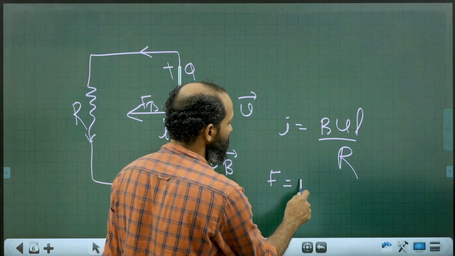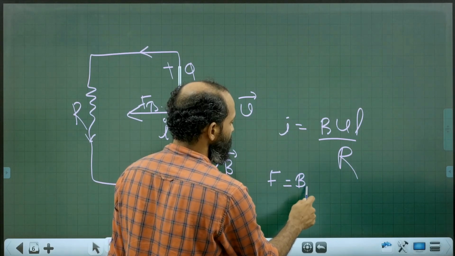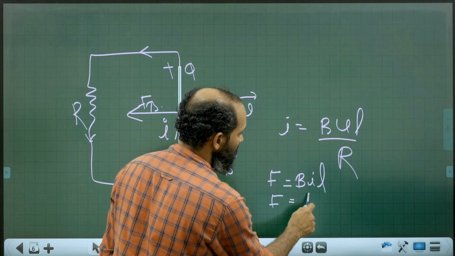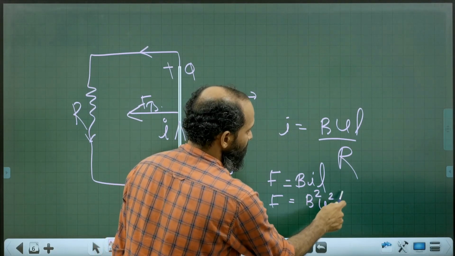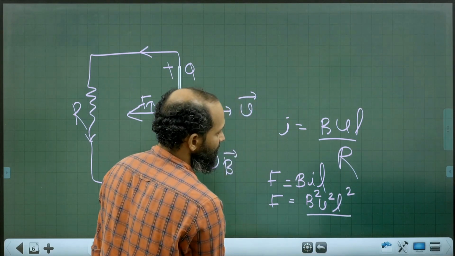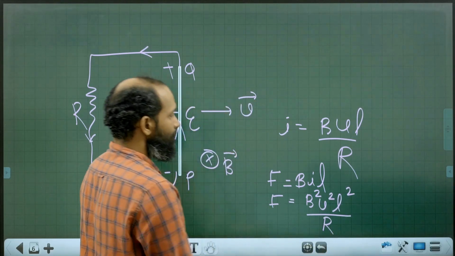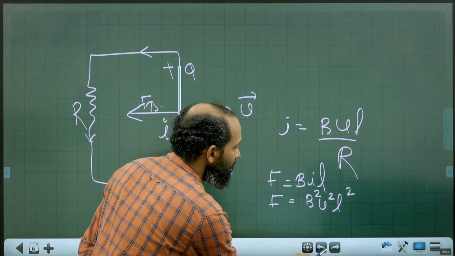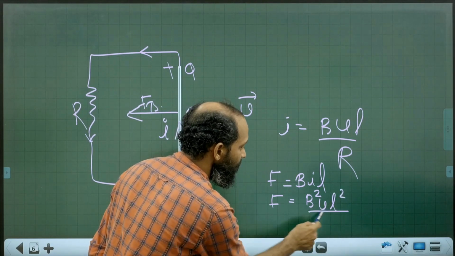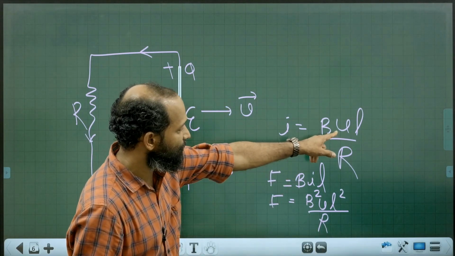That force is given by B I L. Substituting for I, you get B square, L square, V divided by R. Only one V comes there.